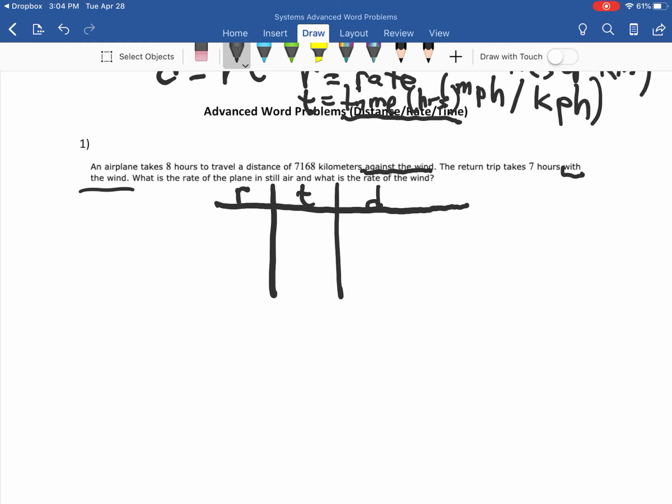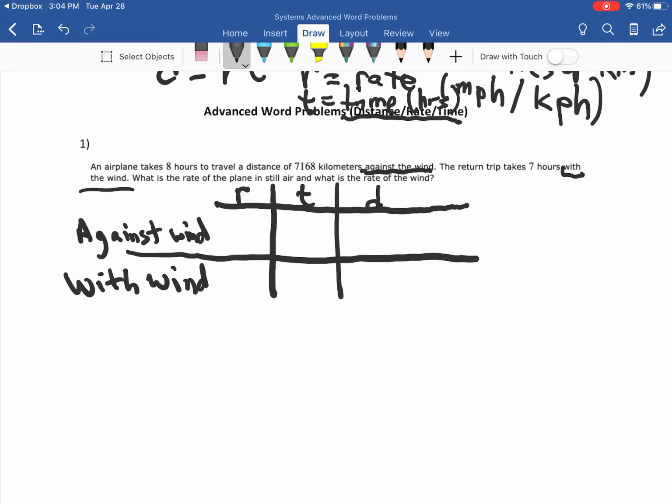Okay, so I'm going to make 2 rows: against wind, with wind. Okay? All right, so this is the chart you're going to make for all of these.